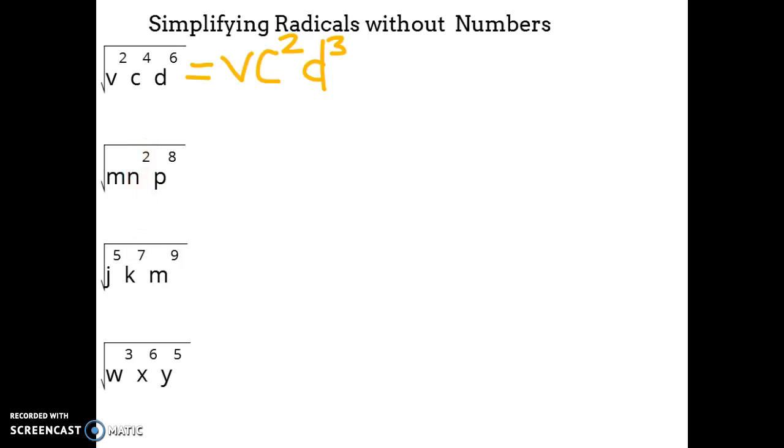There's one, so that n can come out. And what about p? There are 4 sets of 2 that can come out. And nothing remained. So n stays inside the radical.